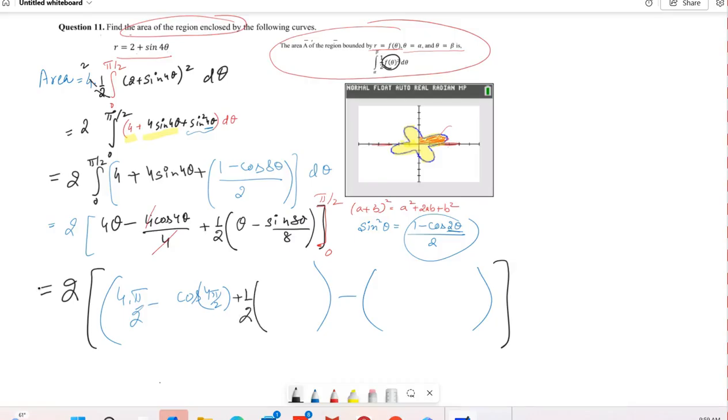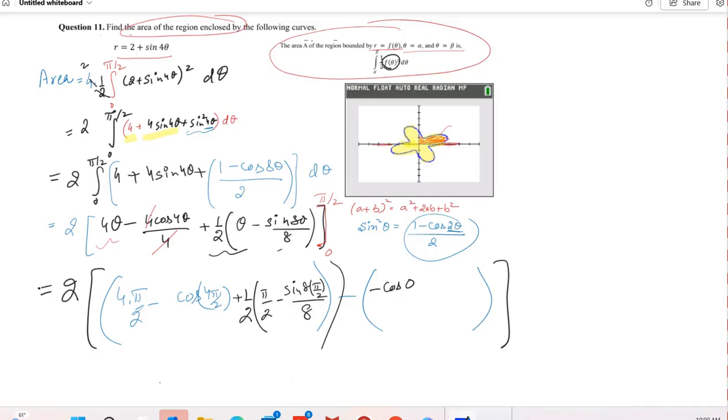Plus half, pi by 2 minus sine 8 times pi by 2 by 8. Okay. When I put 0, this is going to become 0, cosine 4 times 0 is 0, this is going to become 0, and sine 0 is going to become 0. So I don't really need to write that.